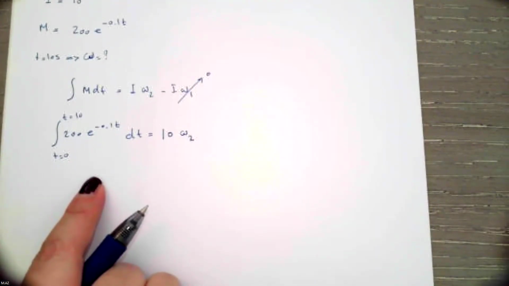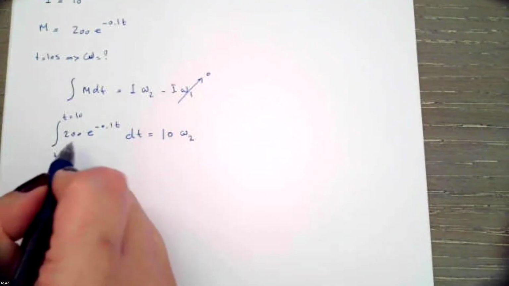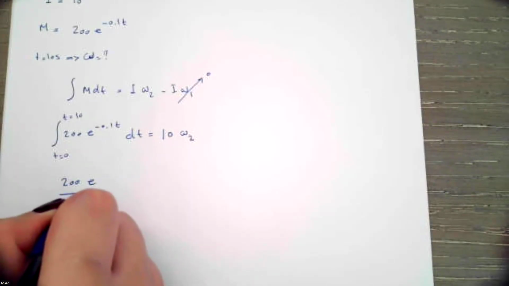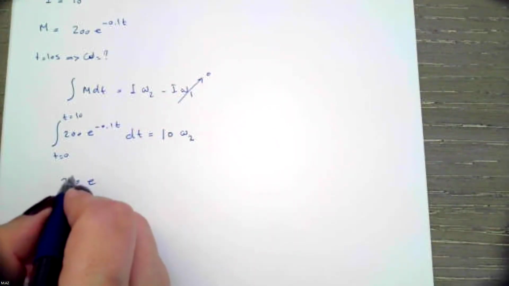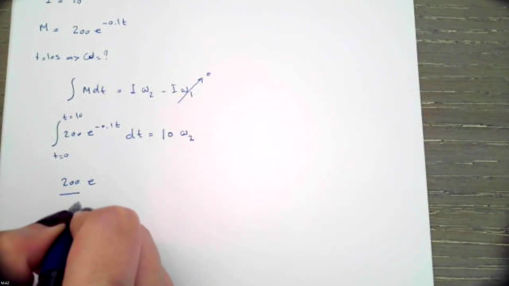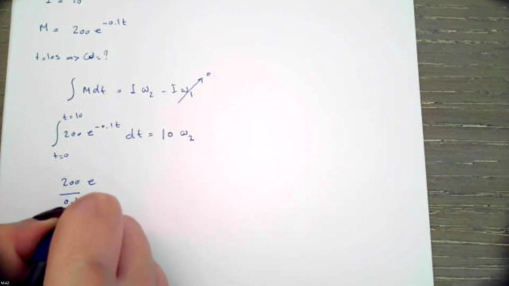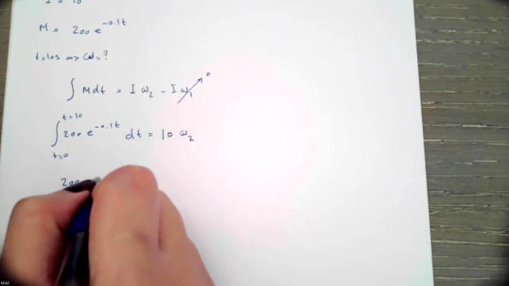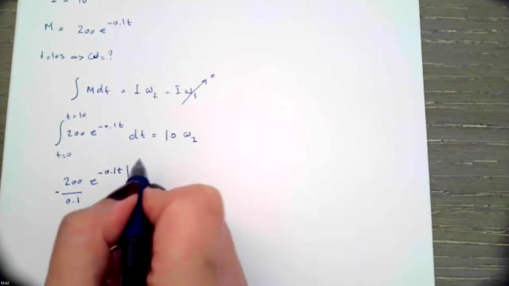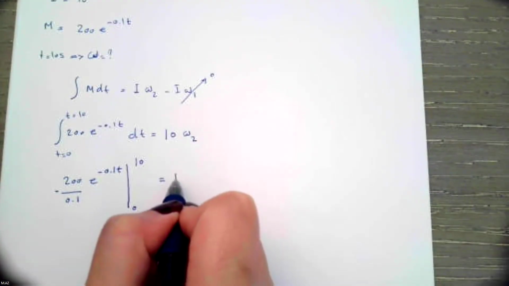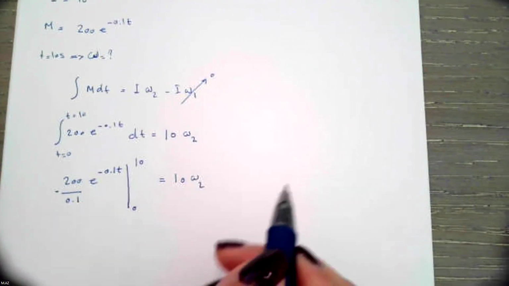Once we take the integral of this equation, we have 200 over these coefficients from time 0 to 10 seconds, equals 10 omega 2.